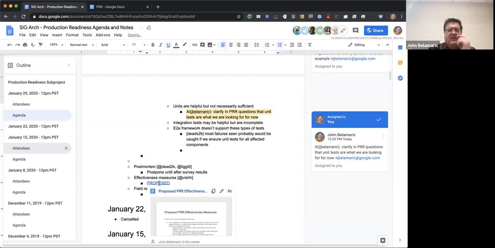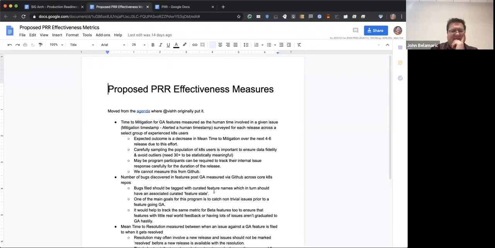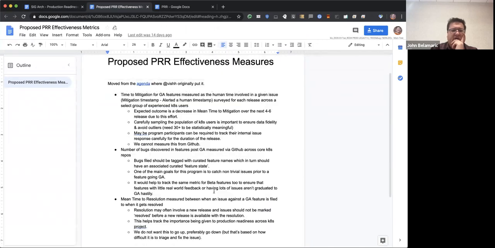Did anybody look at these measures? I have to admit I did not. It doesn't look like anybody did. All right, maybe we can take a quick look at them. We have a little time.